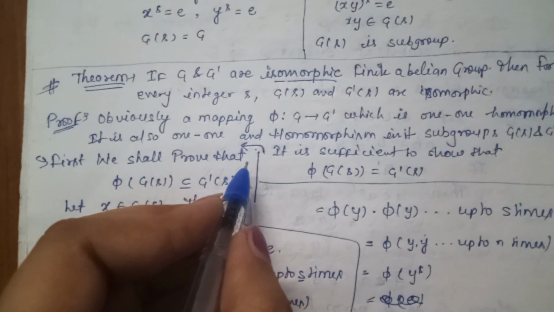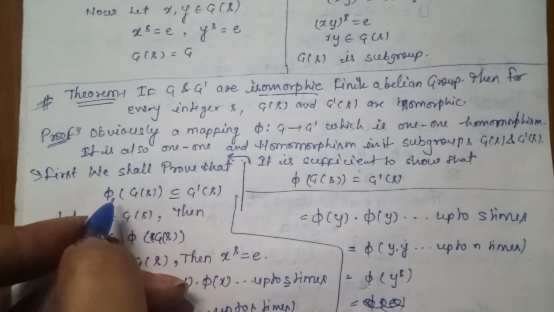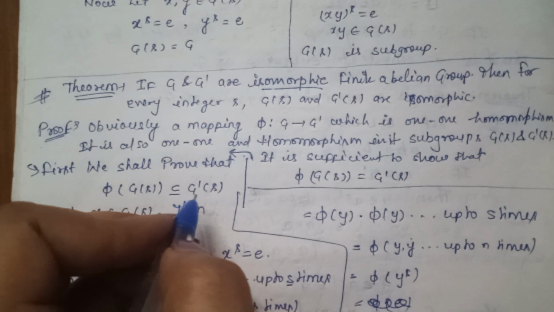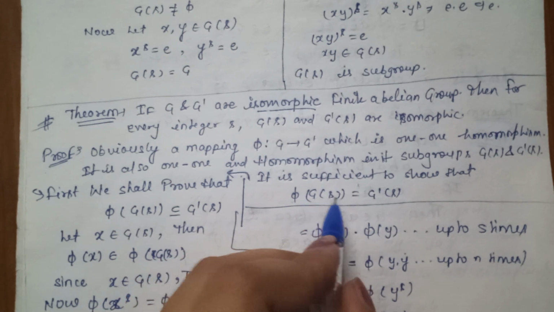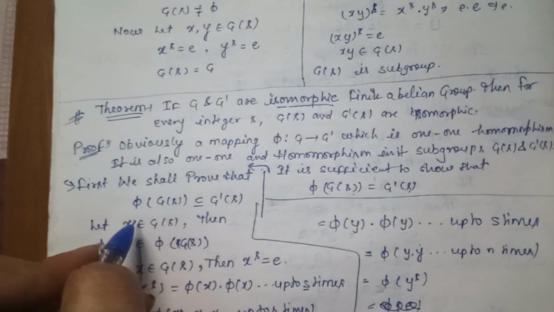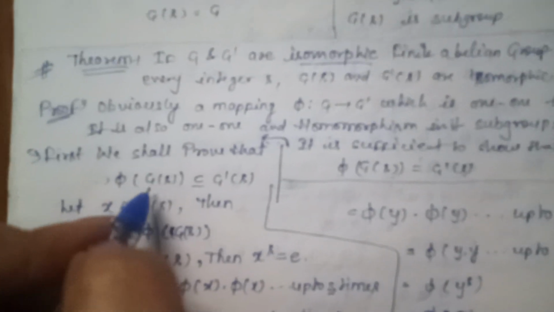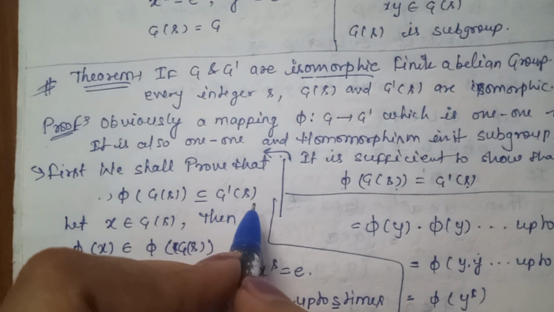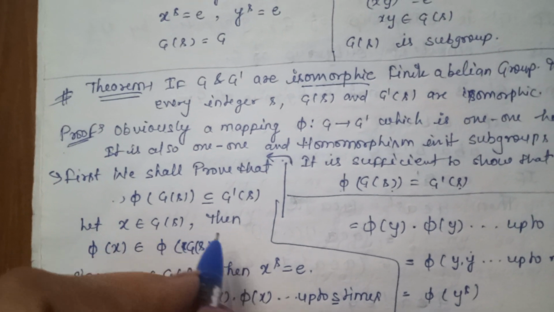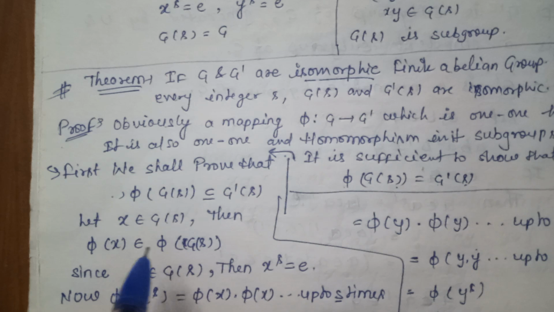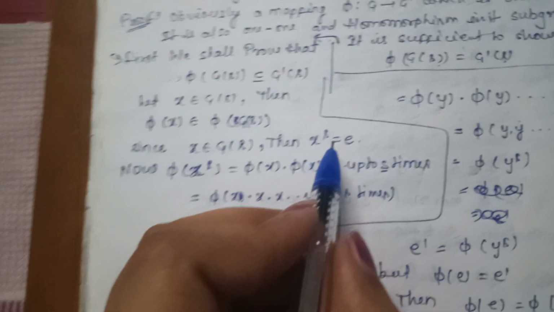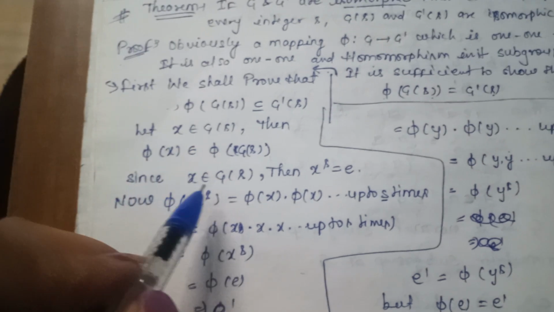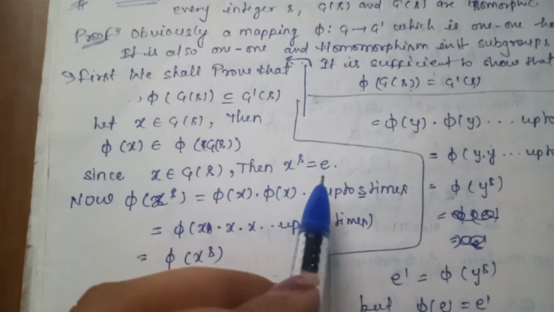First, we shall prove that phi(G_s) is a subset of G dash_s. Let x belong to G_s, then phi(x) belongs to phi(G_s). Since x belongs to G_s, then x to the power s is equal to e.